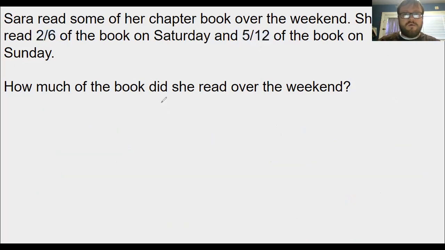I'll clear my screen because I got a lot going on here. So I'm going to go back and I have my 2/6 is going to go here and my 5/12 is going to go here. So I'm going to go ahead and draw me some area models.